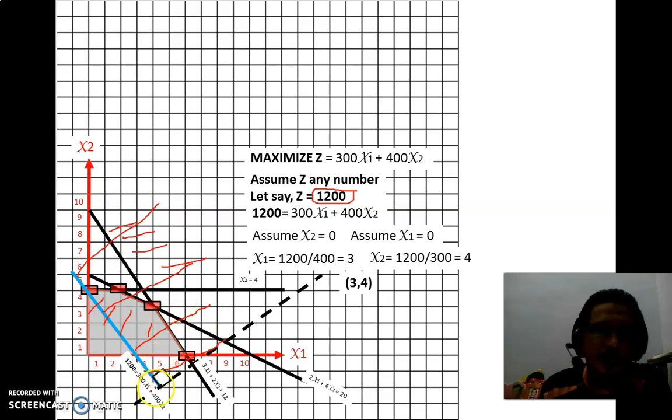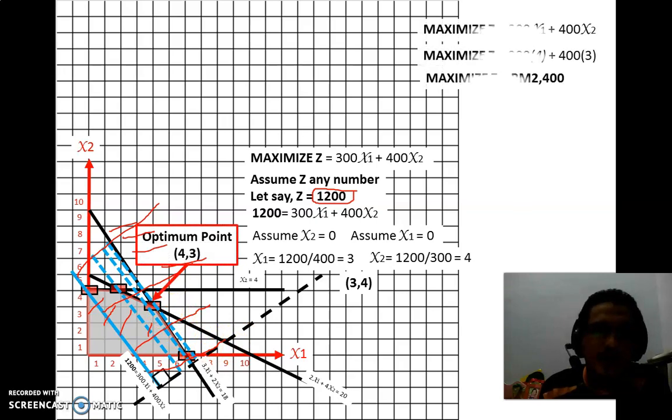How do we find the last point? Draw the line at 90 degrees and move the line forward, and the last point is here: 4 and 3. That means maximize Z. The answer for the maximum in this situation is 4 for x1 and 3 for x2 at the optimum point.